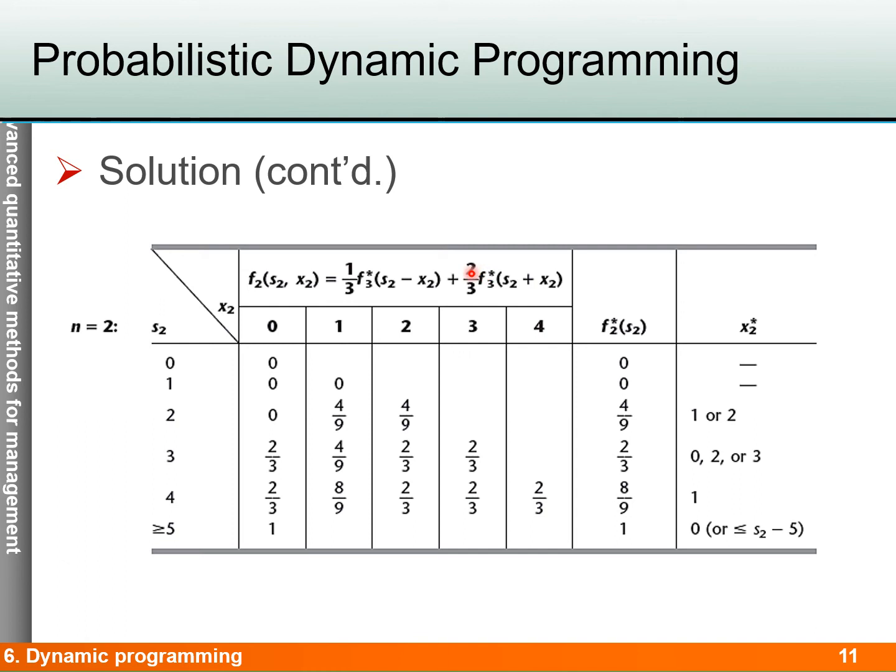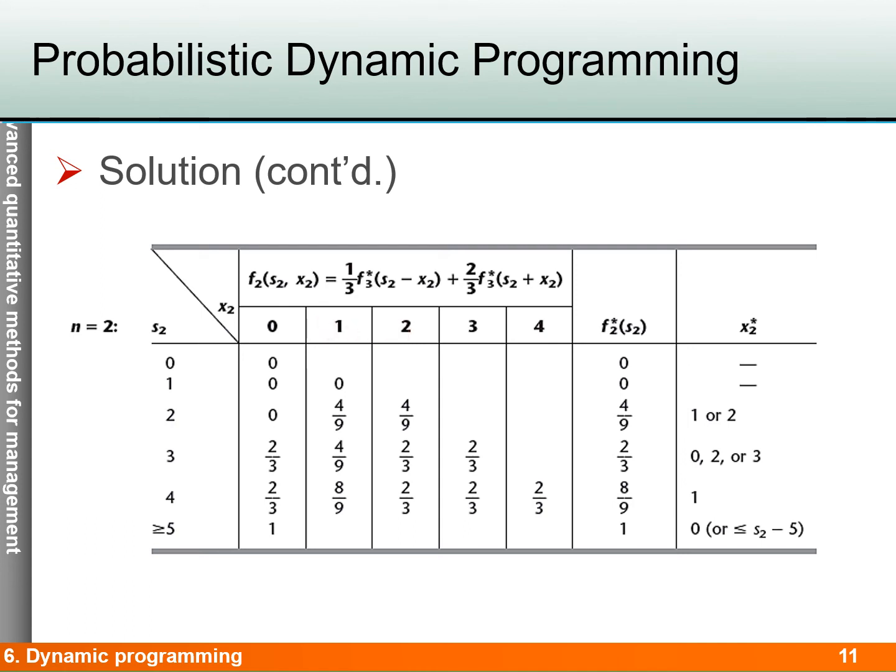So 2 divided by 3 multiplied by 2 divided by 3 is 4 divided by 9. So, like the previous part, the maximum of these elements is 4 divided by 9. From what part does it come? From betting 1 or 2 chips.